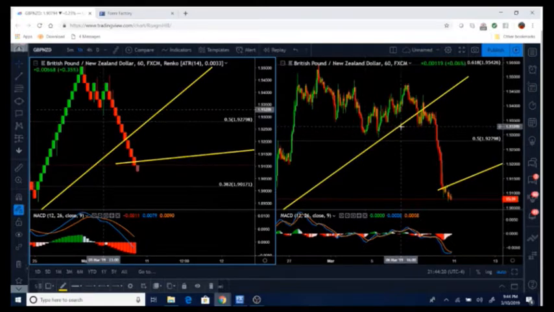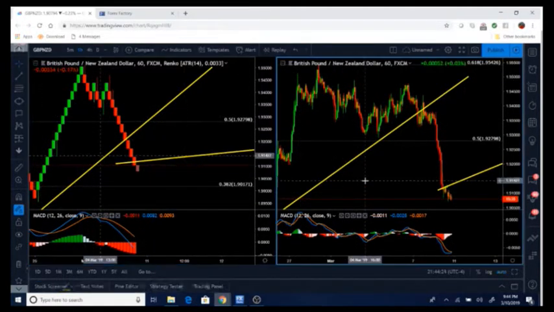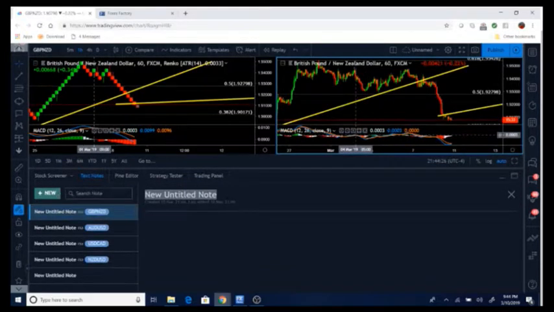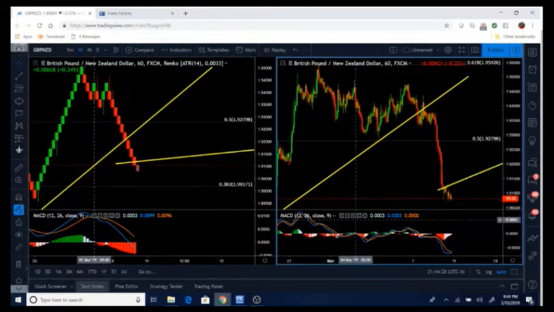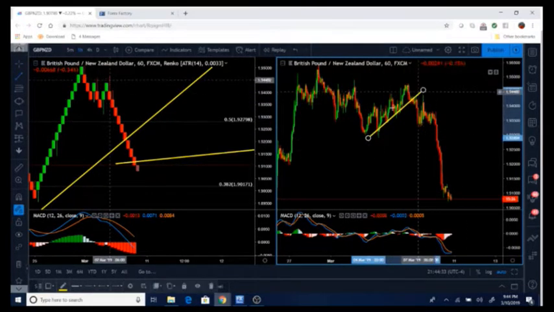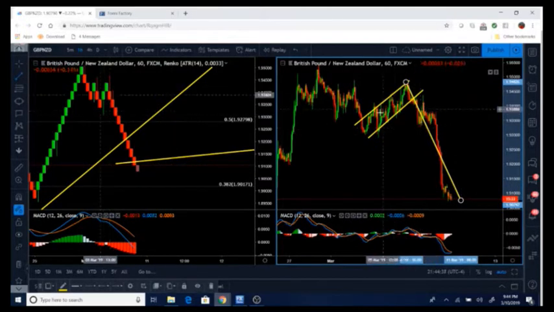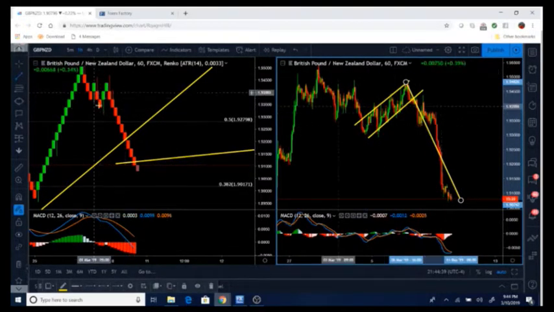Let's get a nice flag. So perfect. We're on the 1 hour time frame. So you see your flag right here? Everybody see that? And then you see your downtrend.